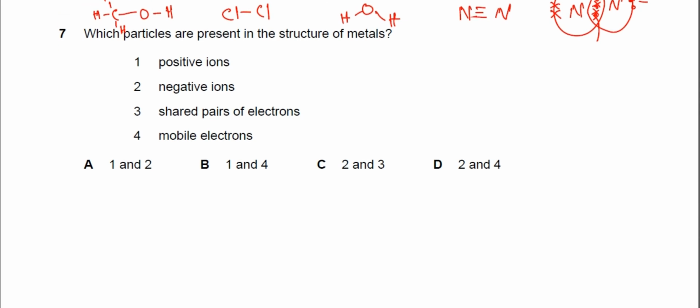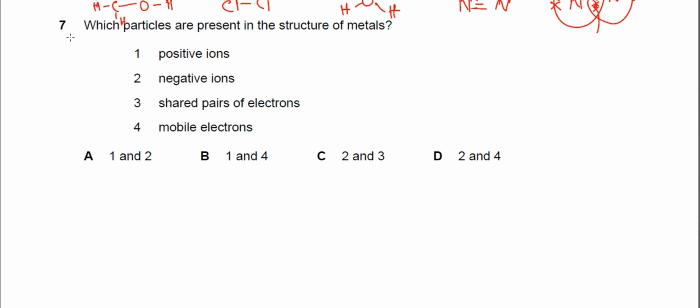Now question 7 says, which particles are present in the structure of metals? Remember quickly, what are metals? Metals are structures in which positively charged ions are surrounded by a sea of delocalized electrons. So in the metallic structure, are there positive ions?